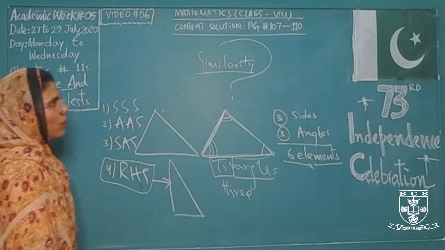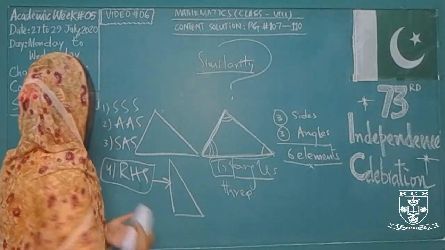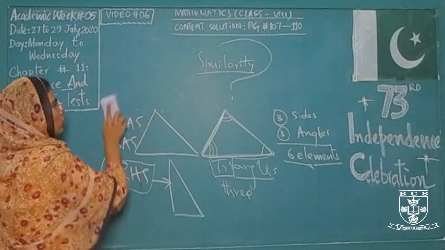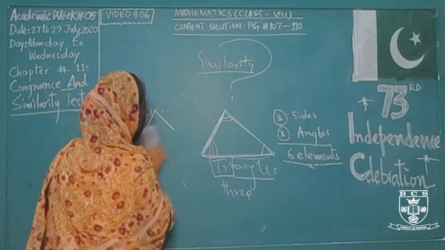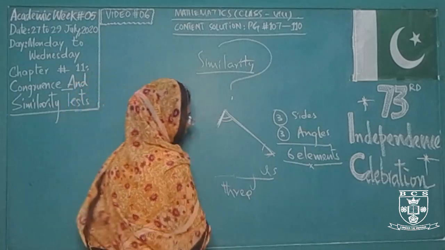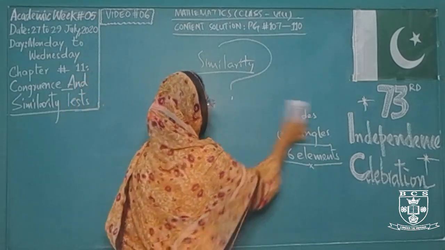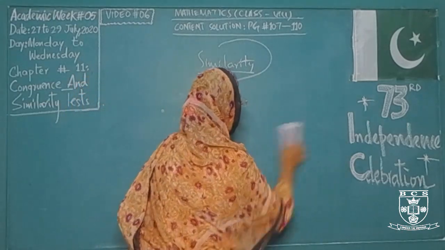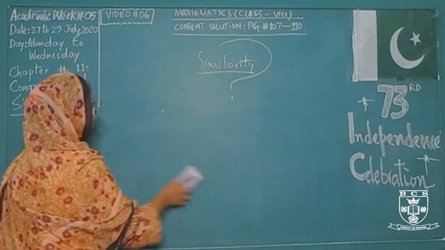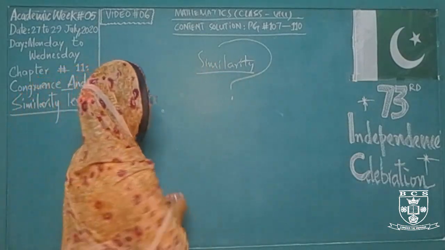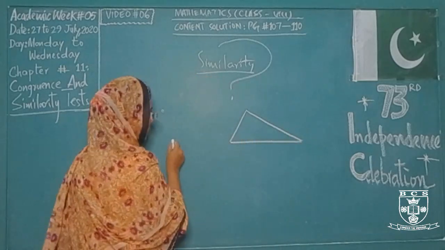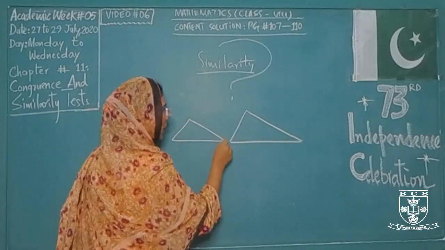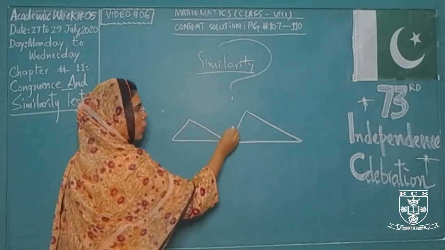So after that, today we are discussing the similarity. Similarity is also closer to the congruence, but there is a major difference between similarity and congruence. Congruence means equality of the geometrical shapes, and similarity means, for example, this is one triangle, this is a second triangle. Are they congruent?